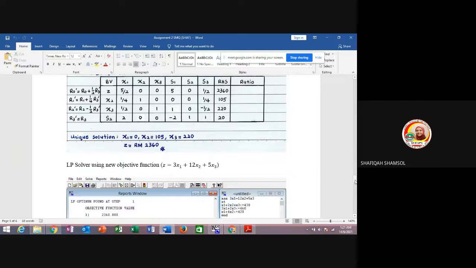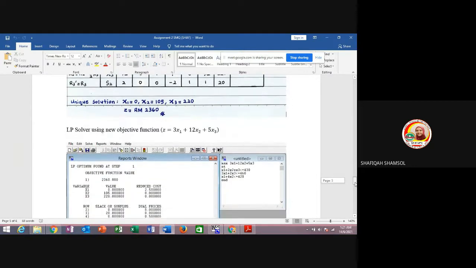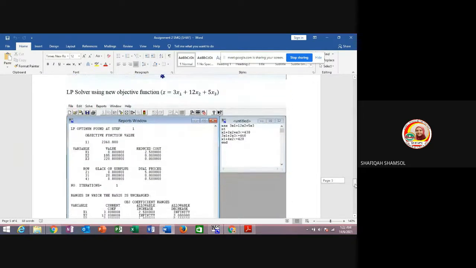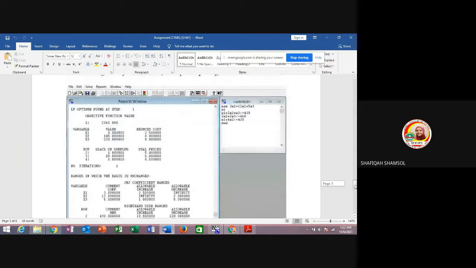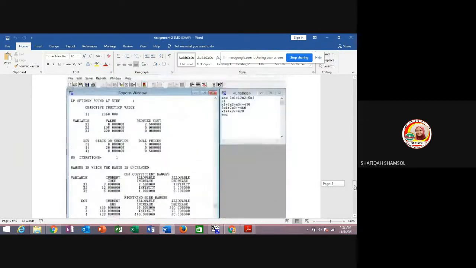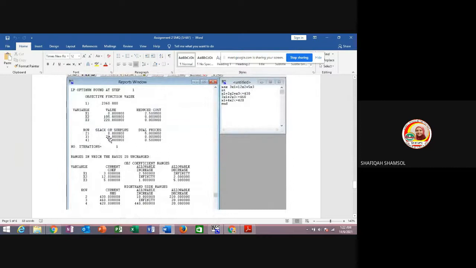After that we compare it with the LP solver. As you can see, the Z value is 2360, X1 0, X2 105, X3 220, and S2 equals 20.